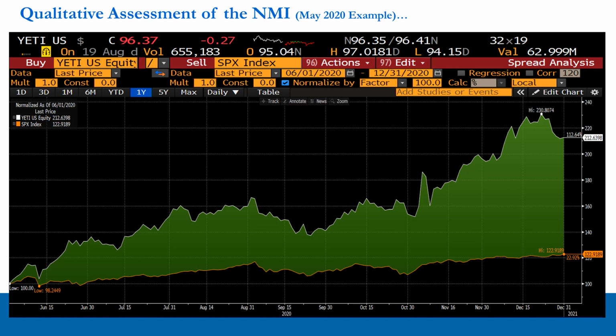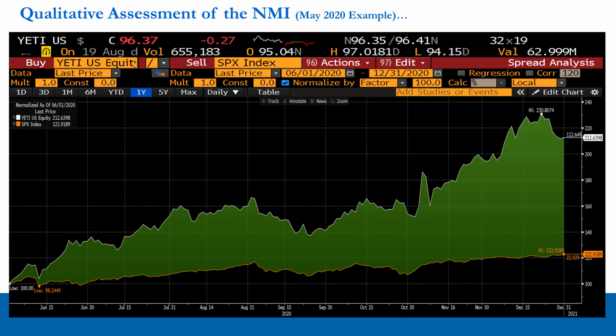If we look at a point of origin in the first week of June, when the non-manufacturing index data and these qualitative statements were released, we're looking at an index of 100, from the first week of June till the end of the year, 2020, okay?